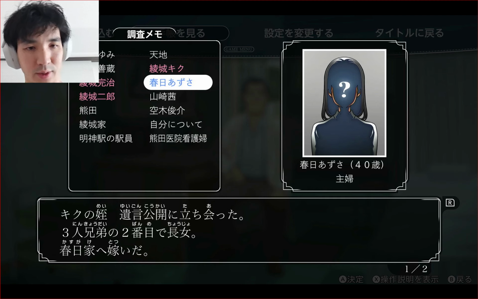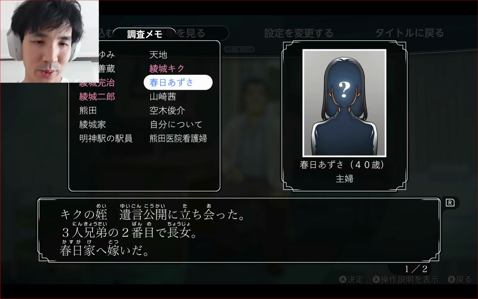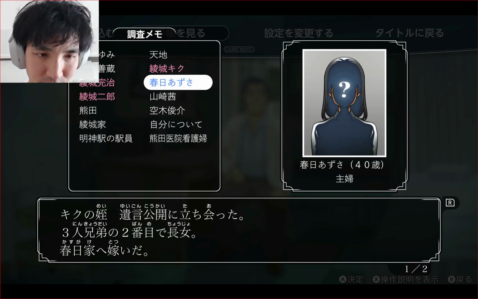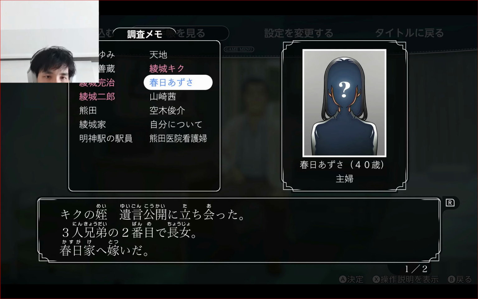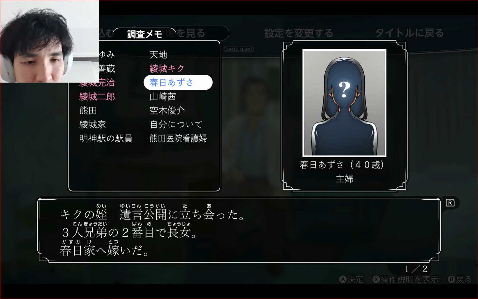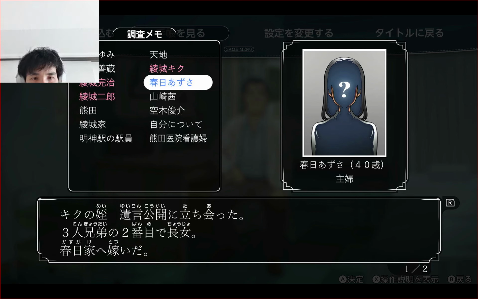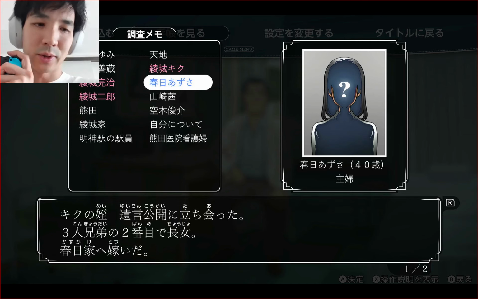So this is the niece. We haven't met her. She's the second born of the three siblings and the oldest daughter.